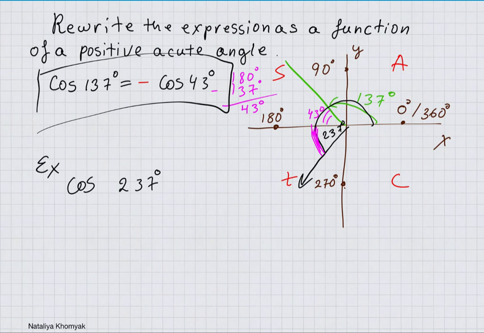In order to find that reference angle, you would take 237 degrees and take away 180 degrees. You would want to take away the overlap, and our reference angle would be 57 degrees. In quadrant 3, cosine is negative as well. So cosine of 237 degrees would be equal to negative cosine of 57 degrees.